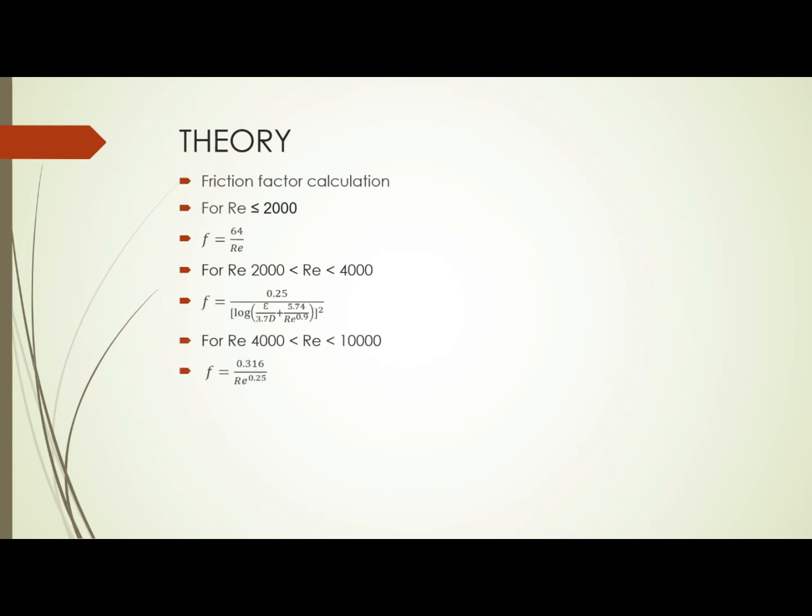For Reynolds number below 2000, we use this normal calculation. For the Reynolds number between 2000 to 4000, we'll use the Colebrook equation. And for Reynolds number between 4000 to 10,000, we use the Blasius equation.